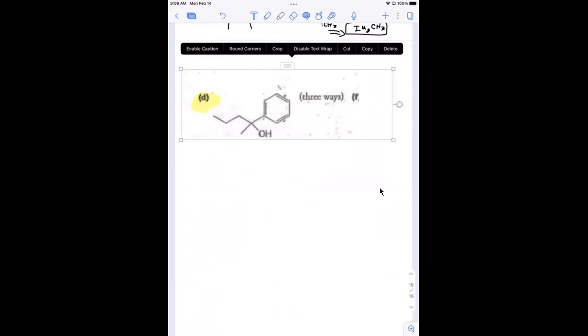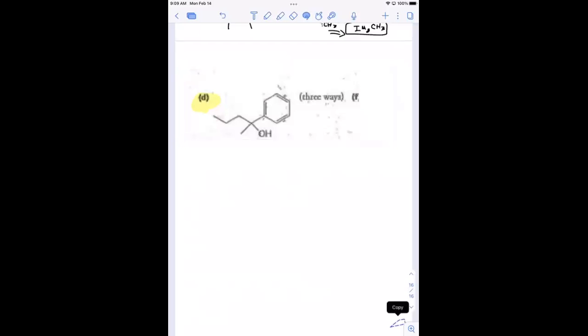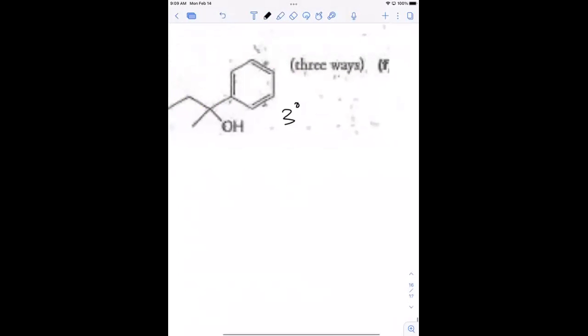So what 3 Grignards could we add to an aldehyde, or in this case, a ketone? It's a tertiary alcohol. Anytime you have a tertiary alcohol as the product, that means you started with a ketone. So a ketone plus a Grignard. Anytime you have a tertiary product.